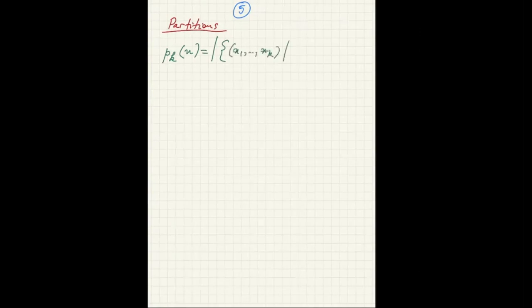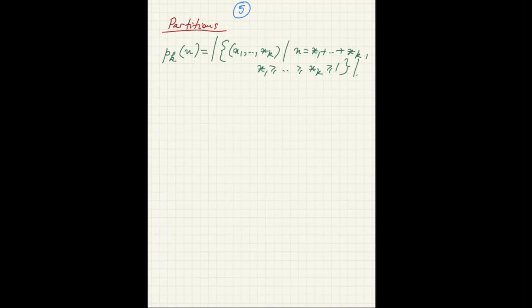So we have k parts. N equals x1 plus ... plus xk, and x1 is greater or equal to ... greater or equal to xk greater or equal to 1. So it's the number of these ordered k-tuples that are greater or equal to 1 that sum up to n.